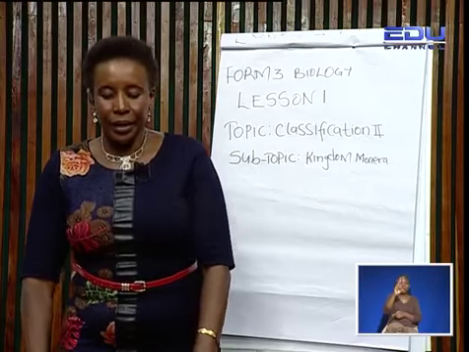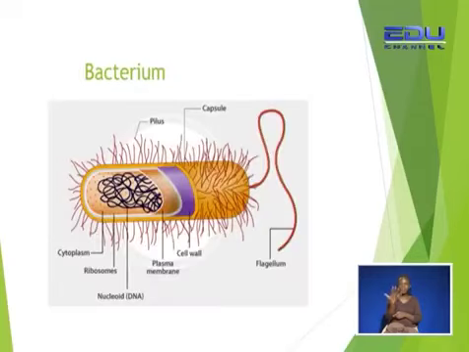Number 5, they have a rigid cell wall. If you look at that diagram, you will see a cell wall labeled somewhere.